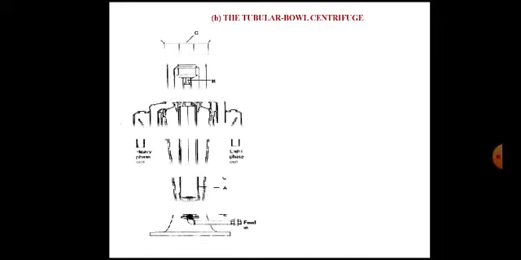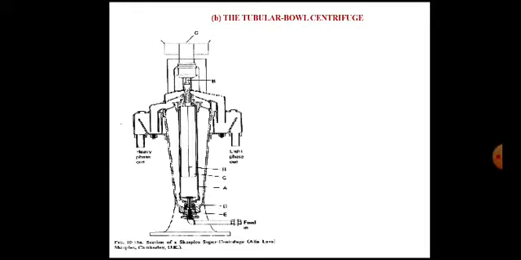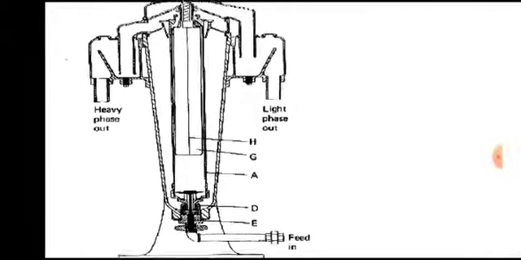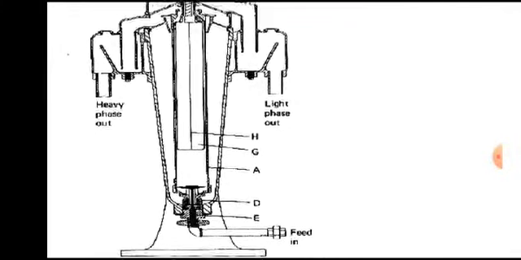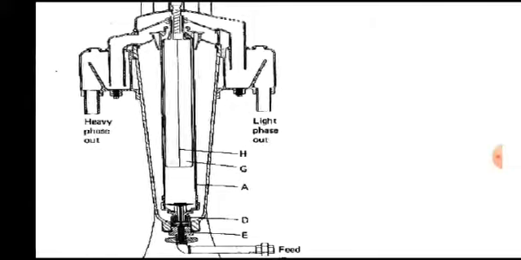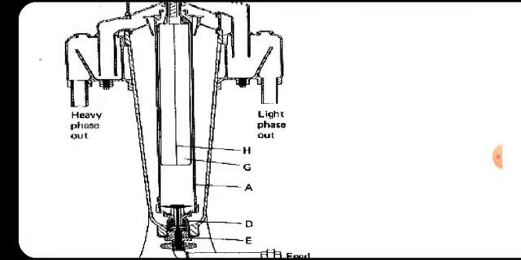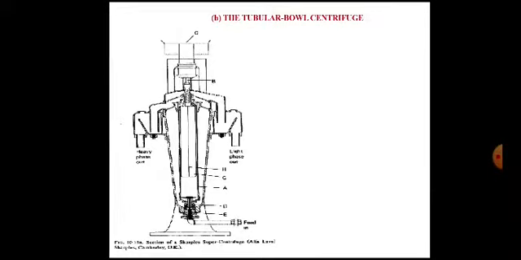The second type of centrifuge, which is operated continuously, is the tubular bowl centrifuge. The name of this centrifuge is because its rotor, which you can see as A, is like a tube, and that is why it is called a tubular bowl centrifuge.